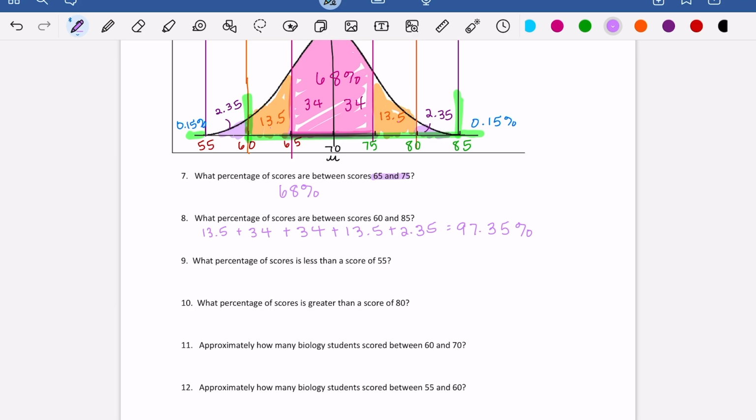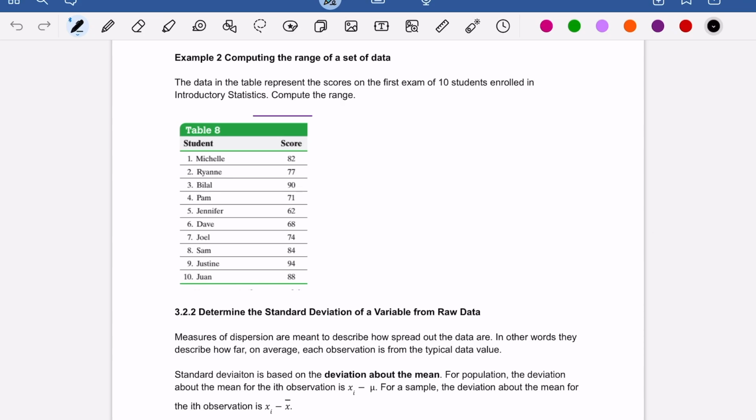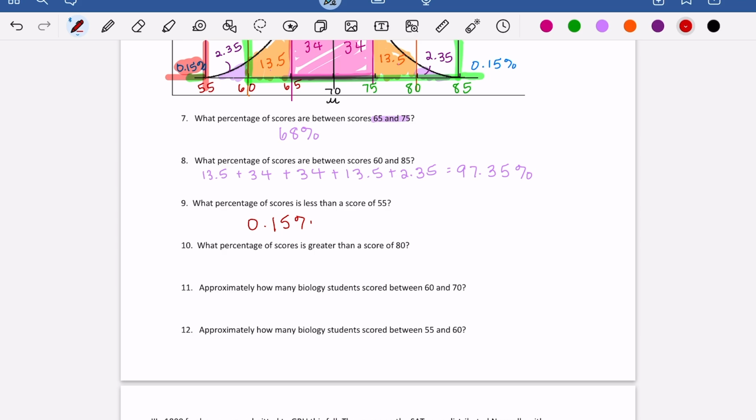What percentage of scores are less than a 55? So when we're looking for less than 55, this is our boundary, and we're going this direction. So we have that 0.15% of scores are less than a 55. Next, it says what percentage of scores are greater than 80? So we go to 80, that's our bound.